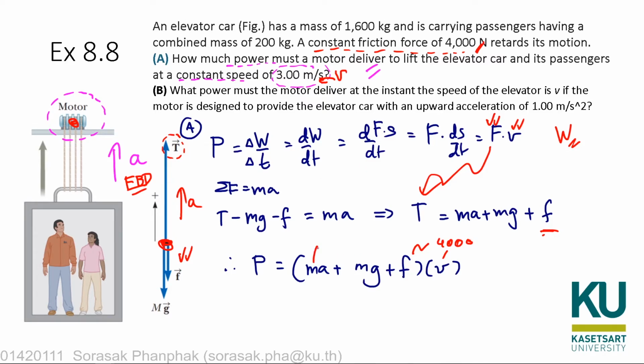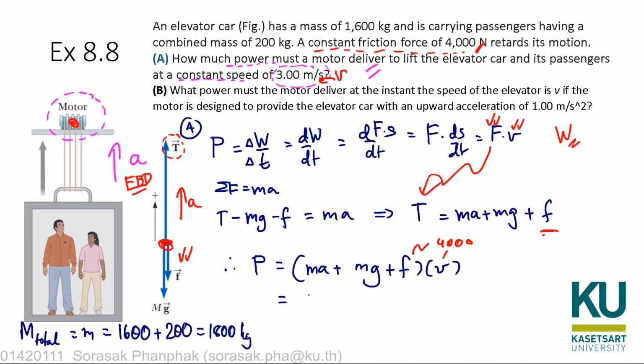The mass you consider here is the total mass, small m, which is the mass of the elevator, 1,600, plus the mass of the passenger, 200. So 1,800 is the total mass.